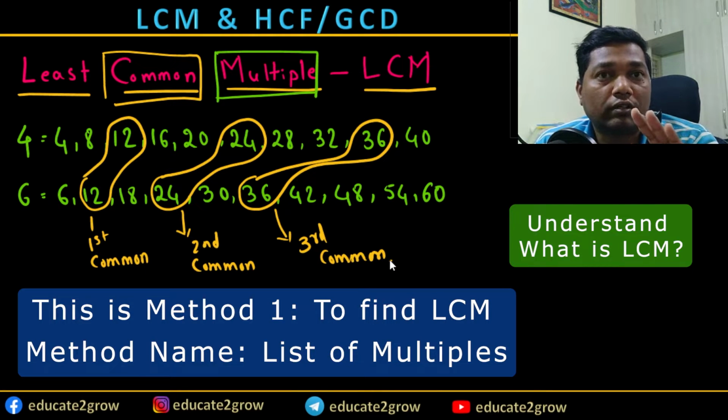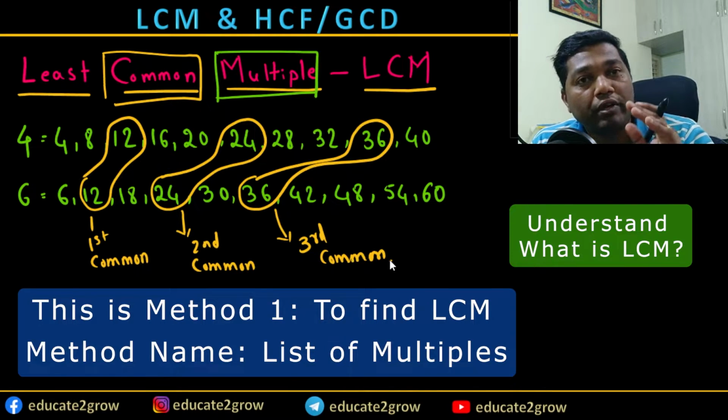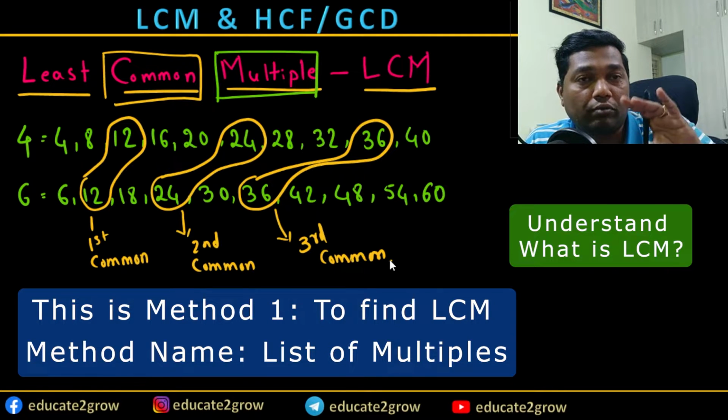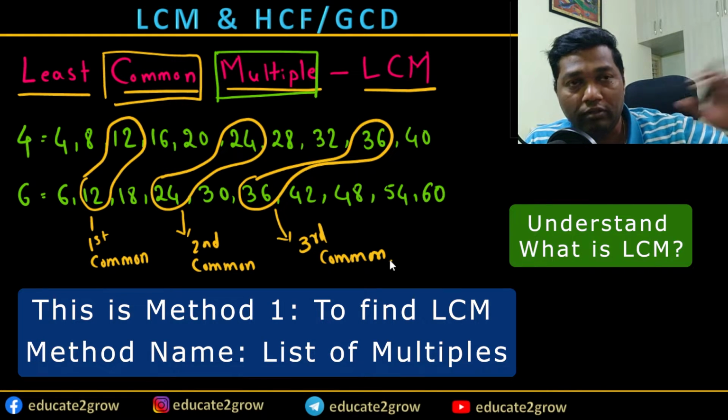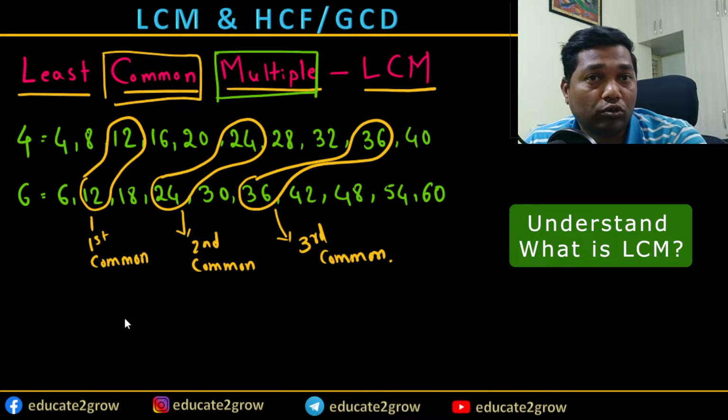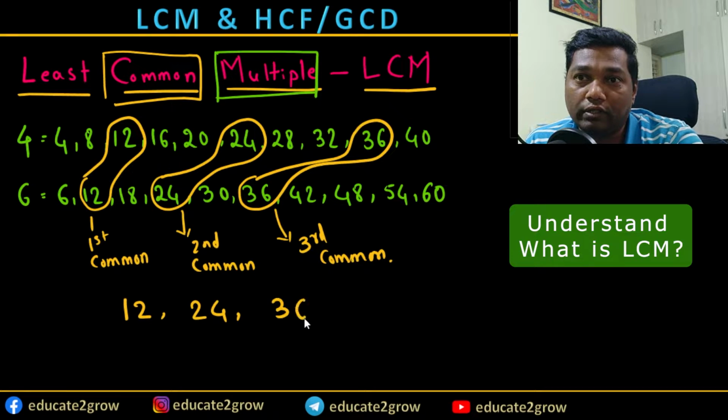Let's stop here. We will get n number of common numbers from this multiple range, because the numbers which go here are infinite. Okay, so let me list those common numbers. We have a 12, we have a 24, we have a 36.